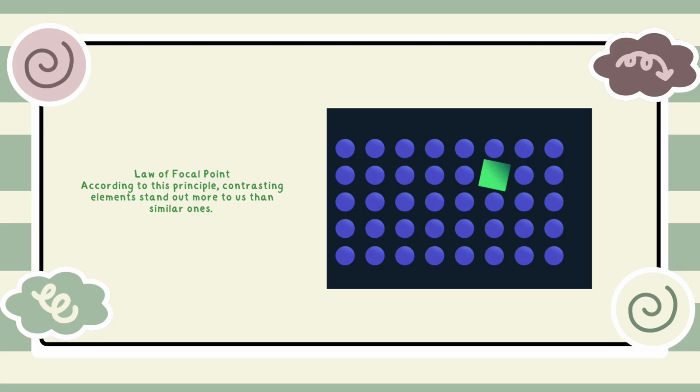The fifth law is the law of focal point. This principle means that contrasting elements stand out more than similar ones. For example, in this image, the green colored square stands out more than the purple circles, as it is the only one that is different from the others.